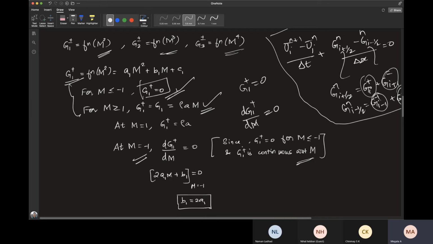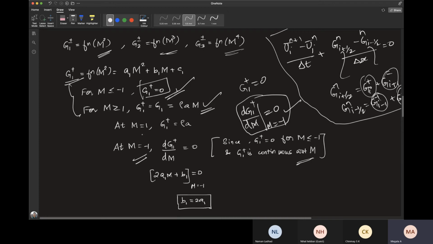And since we assume that G1 plus is continuous with respect to m, you want a smooth variation. You put the condition that at m equals -1, this derivative exists. It's not an assumption, you are putting a condition that your derivative exists at m equals -1 to enable smooth variation with respect to m.